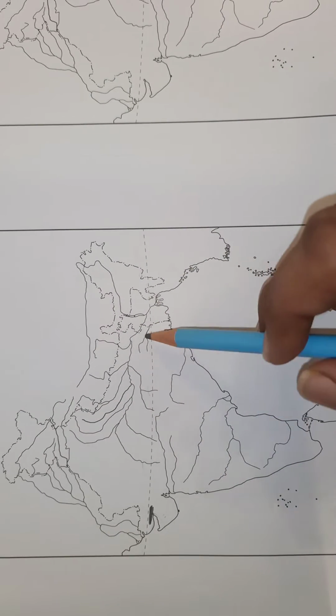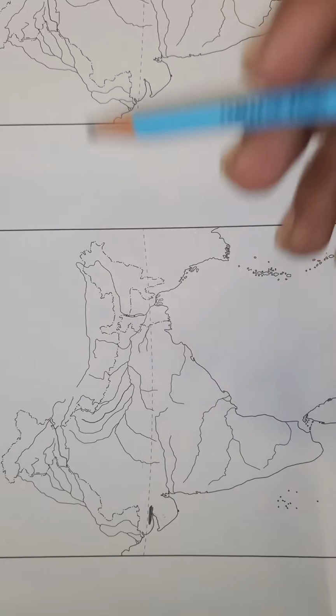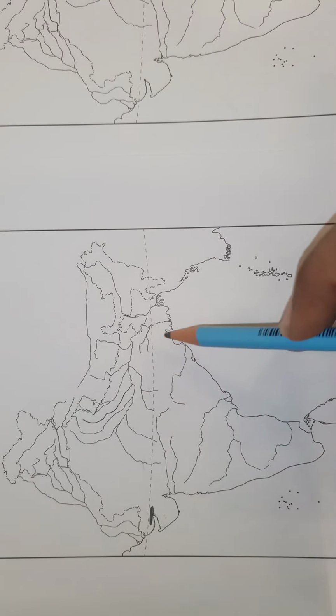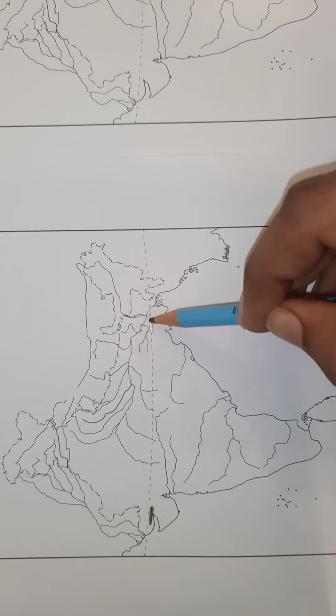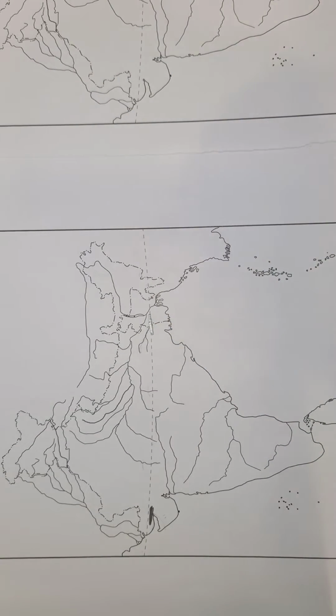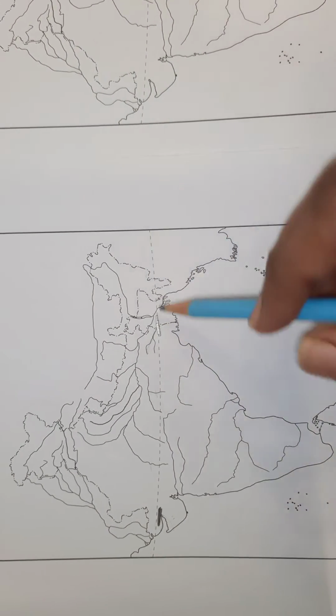Next, this is the river Damodar. So wherever the river Damodar ends, that should be the second marking over here.